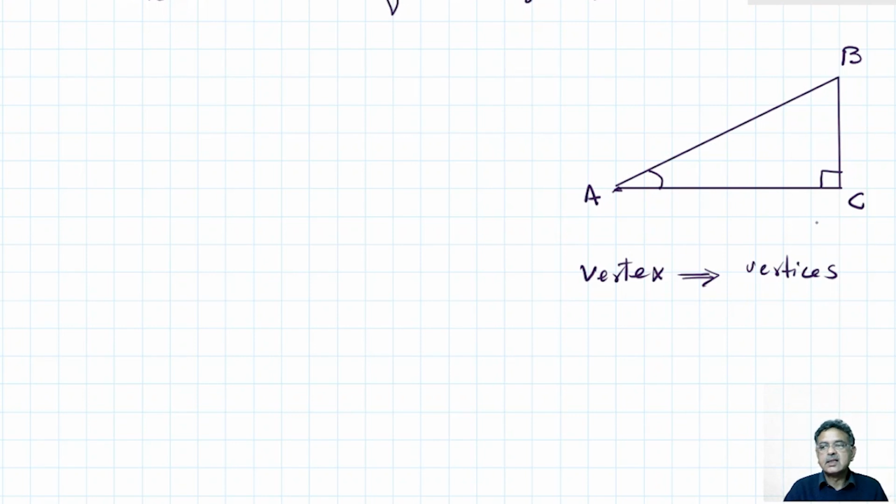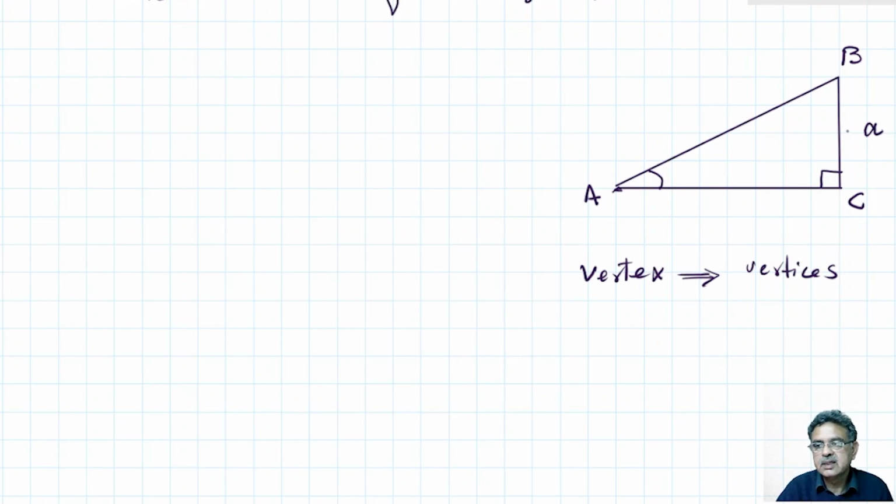So vertices are indicated by capital letters, and in order to make the relationship between vertices and the sides, whatever is the vertex, like this is A, then the side opposite to A is denoted by the same small letter.